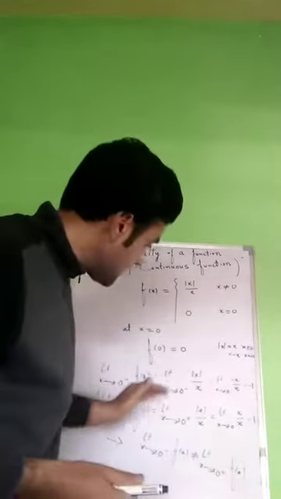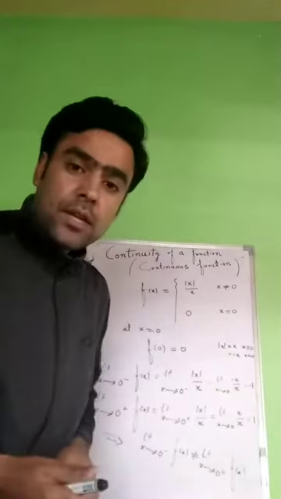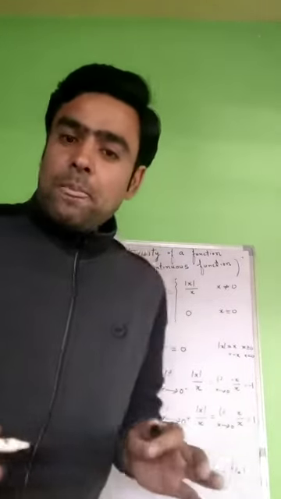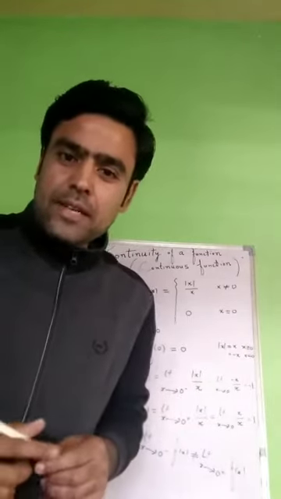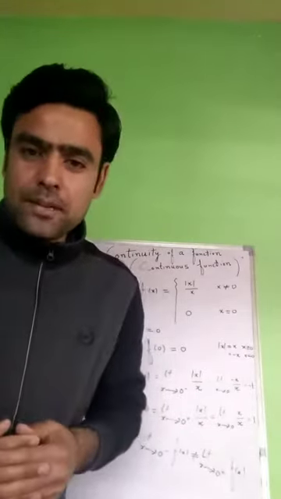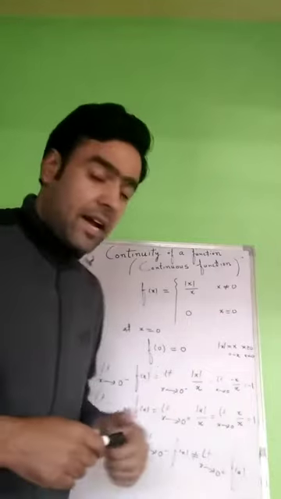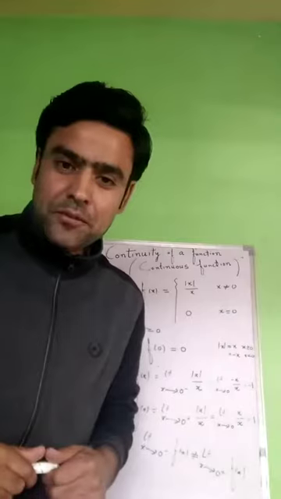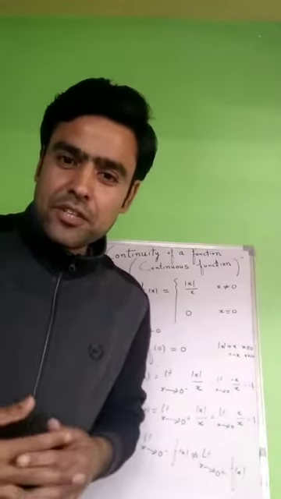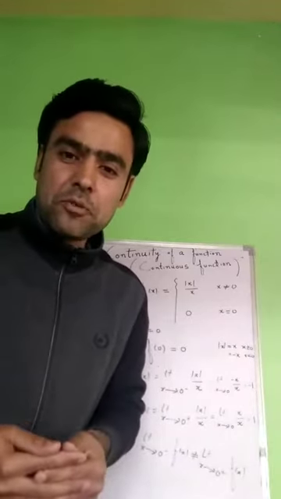Right hand limit exists and is equal to plus 1. So the two are not equal to one another. This indicates that there is a jump in the function which makes it discontinuous at x is equal to 0.